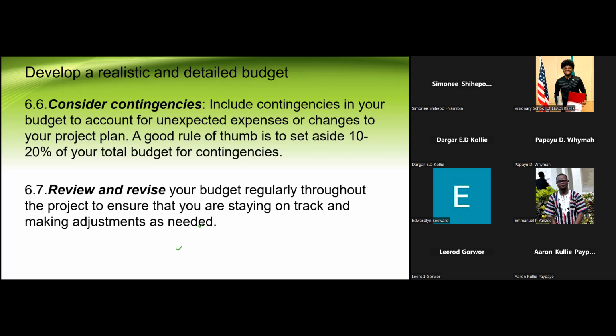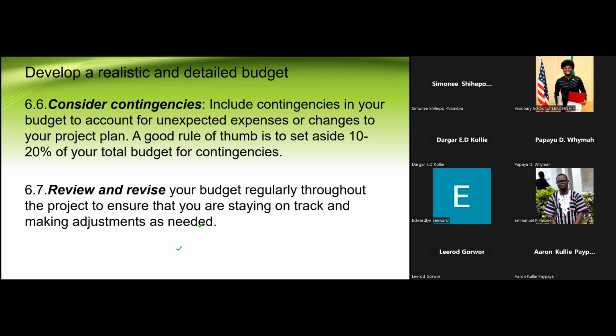They will also tell you 40% can be administrative costs. That means the people that will work with finance, and the auditors, because you will need to have money to audit the accounts of the donors as well. So these are things that you need to consider. Review and revise your budget regularly throughout the project to ensure that you are staying on track and making adjustments as needed.